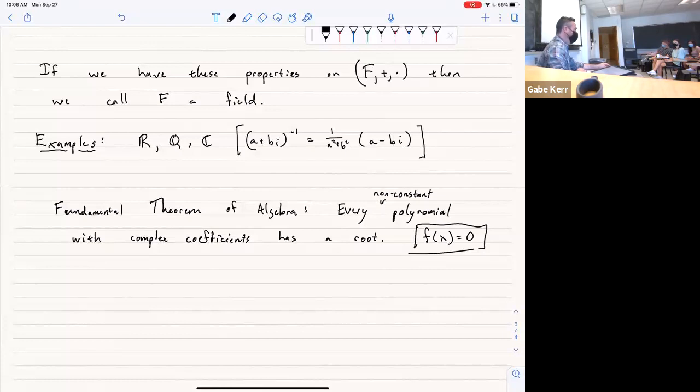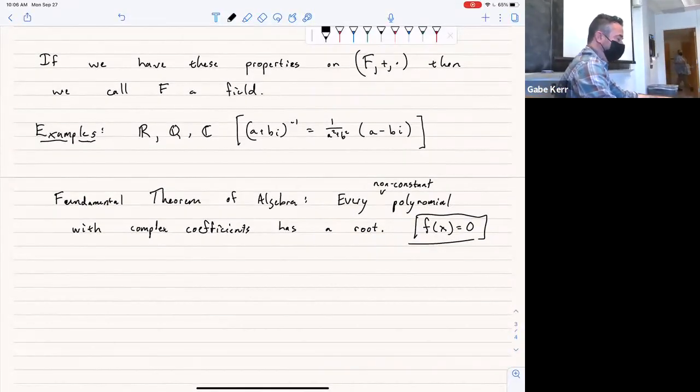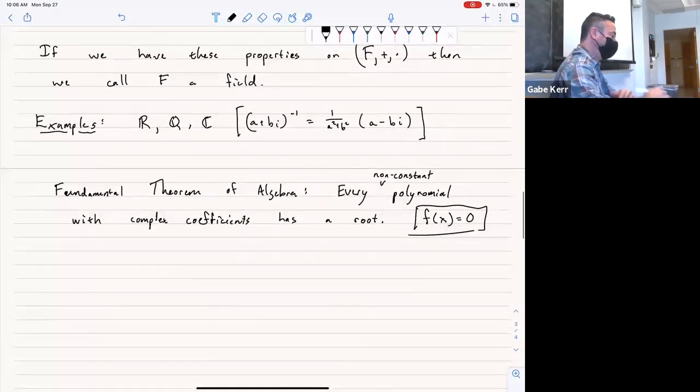It's not like people haven't been trying for a long time. Now there are all sorts of groups, and most of them involve some kind of analysis or topology. This is actually more a statement about the geometry of the complex numbers.